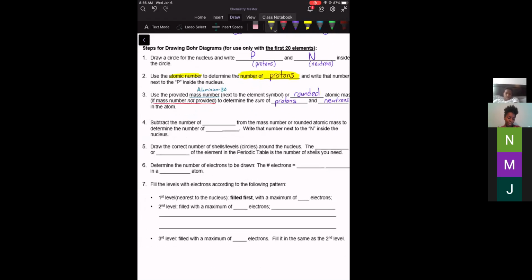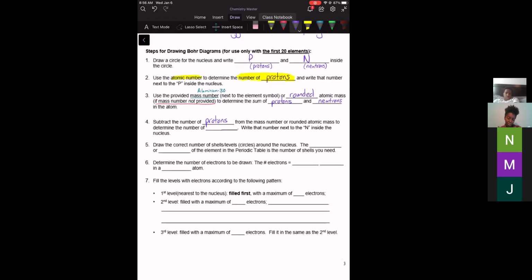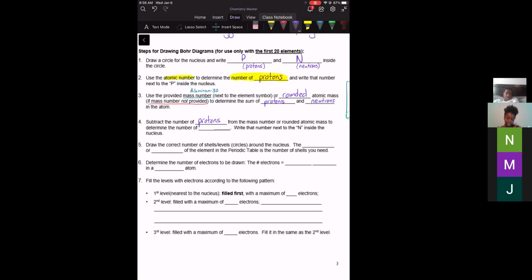All right, so we're on number 4. Subtract the number of protons from the mass number or the rounded atomic mass to determine the number of neutrons. So if I know that aluminum is number 13, then I would subtract it either from that 30, from the mass number, or from the rounded atomic mass.